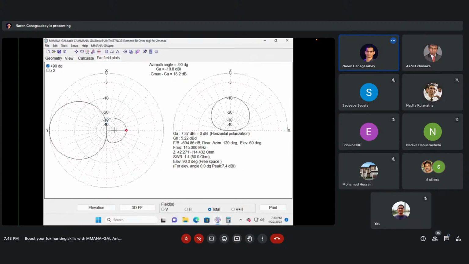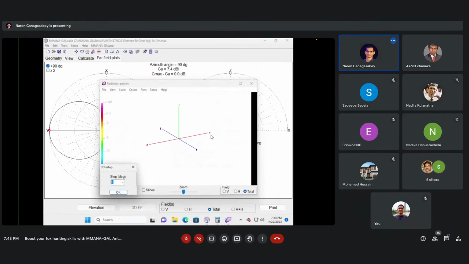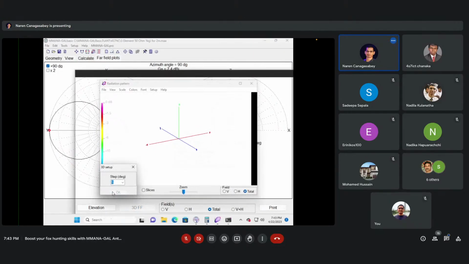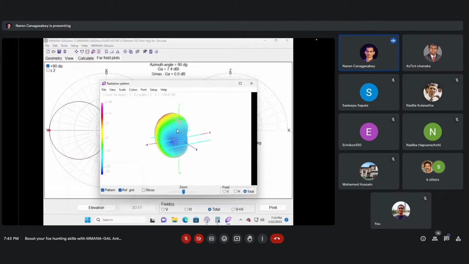Here, if you take the back, and if you were to look at the 3D far field plot, this is what you can see.